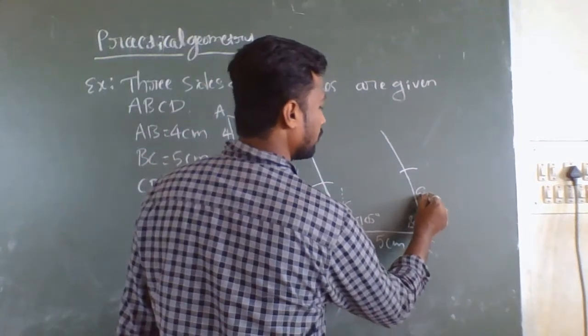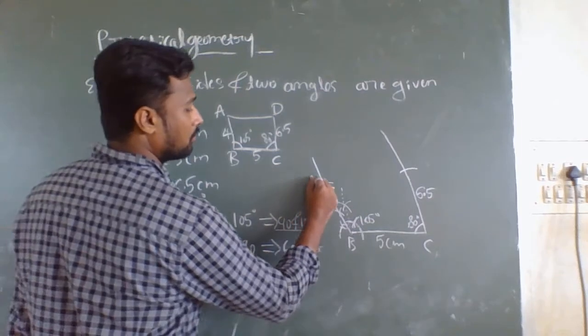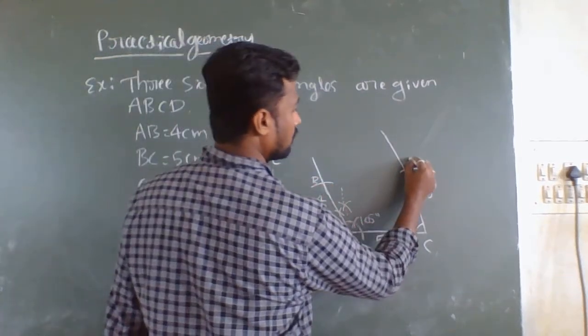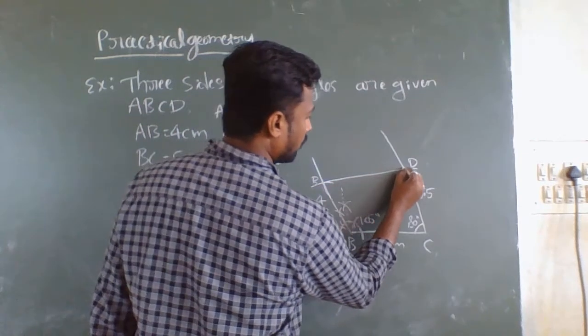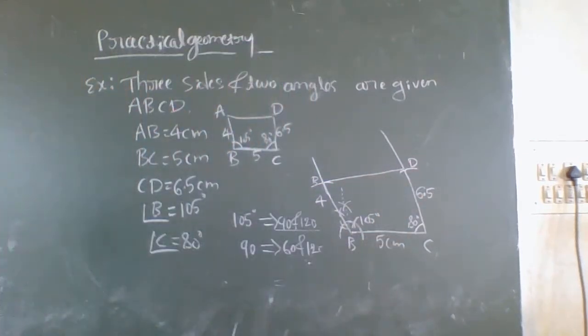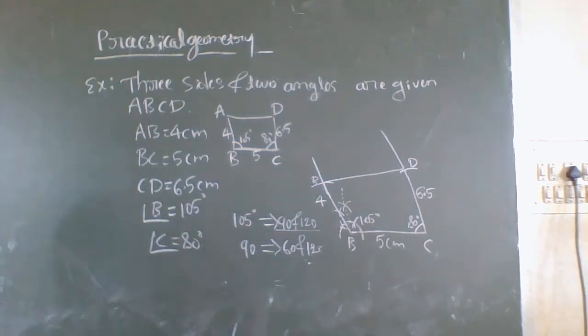This is 6.5 centimeter. So here this is point B. This is point D. Now I can join these two points, point B and point D. This is how to construct a quadrilateral when three sides and two angles are given.